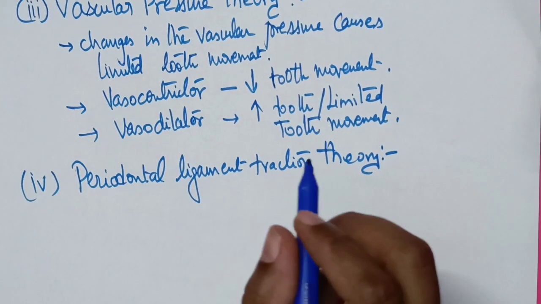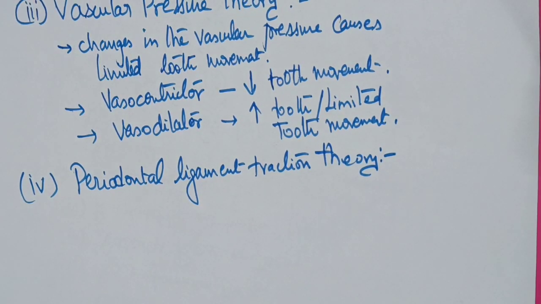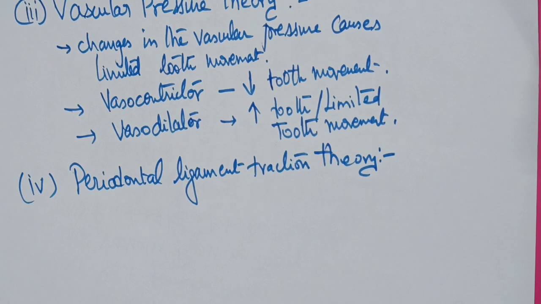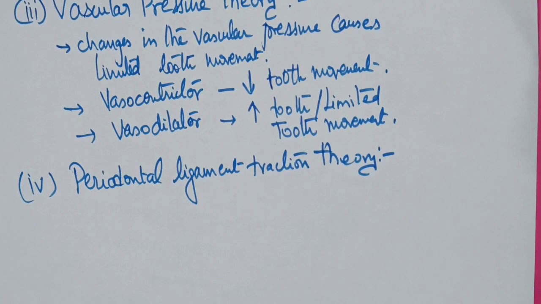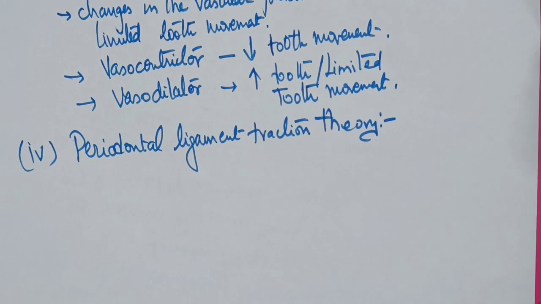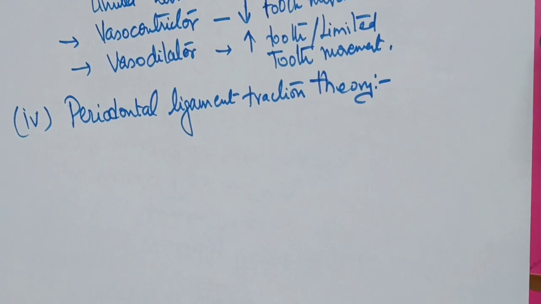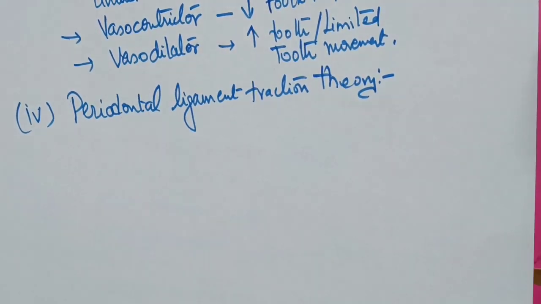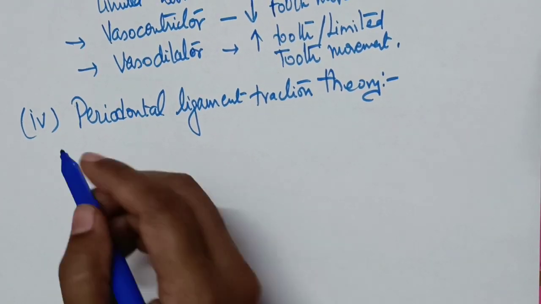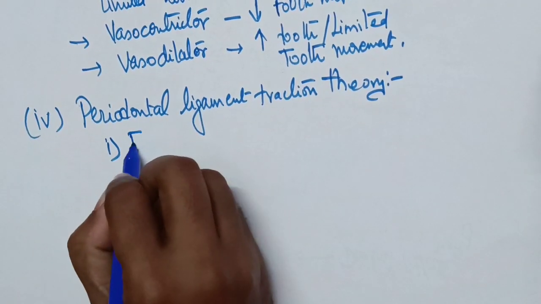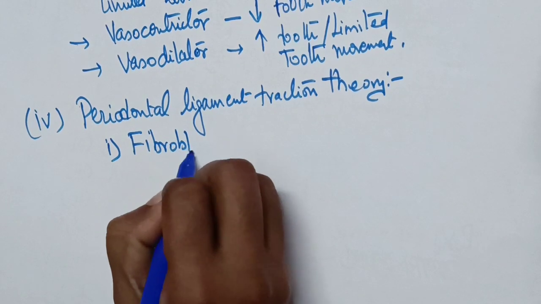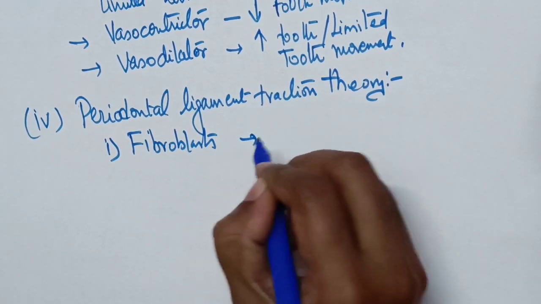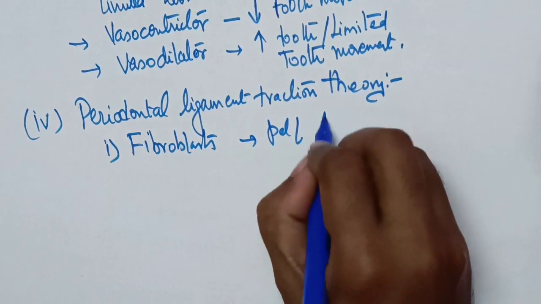From the beginning of this chapter, I have kept stressing the role of periodontal ligament fibers, which originate from fibroblasts. In the last video I addressed how the periodontal ligaments help in tooth movement and eruption. That is the role of fibroblasts, that is your periodontal ligament fibers.